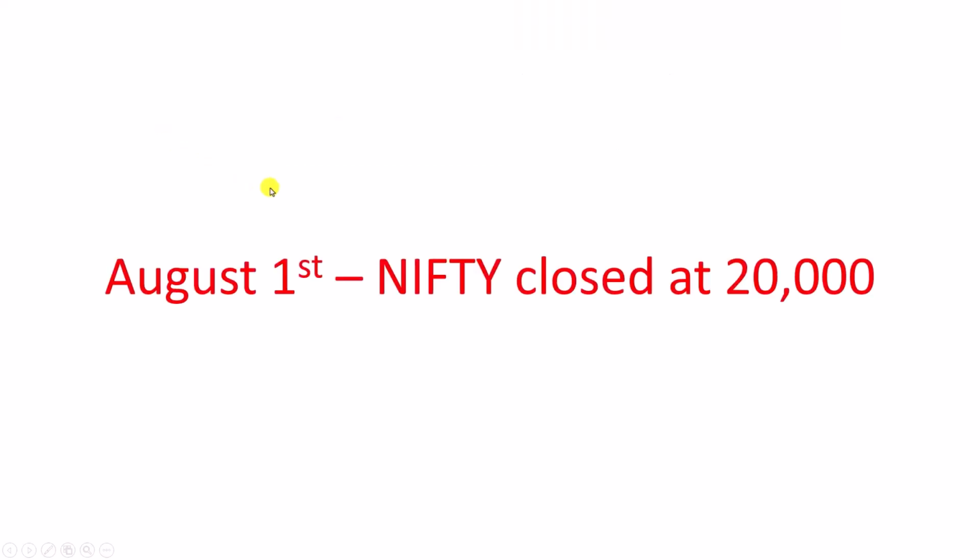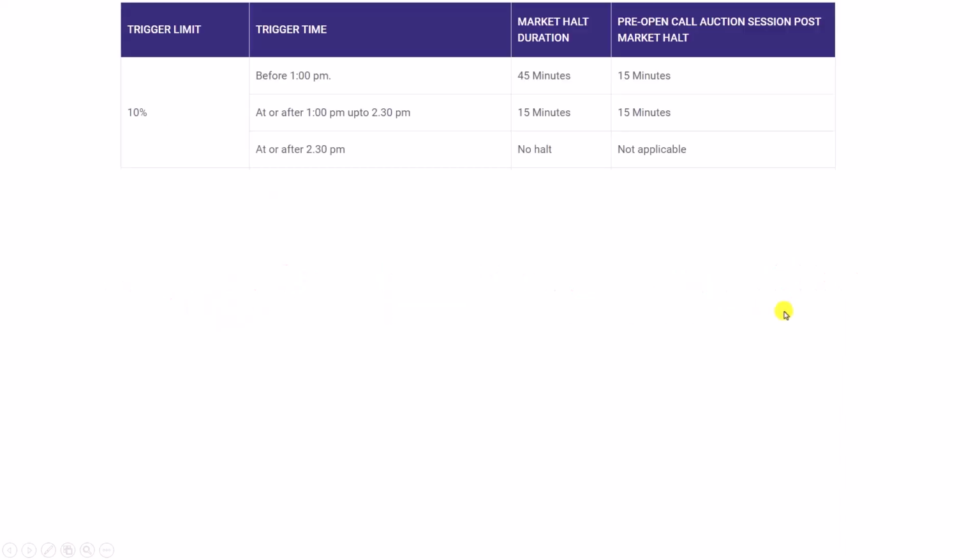Okay, so I told you that yesterday was August 1st and Nifty closed at 20,000. Now, today is August 2nd and the exchanges have to calculate the circuit breaker limits for today based on yesterday's closing price. So yesterday's closing price was 20,000.